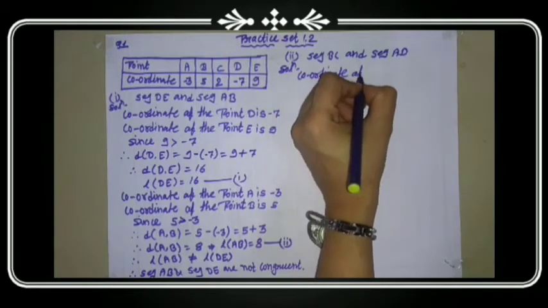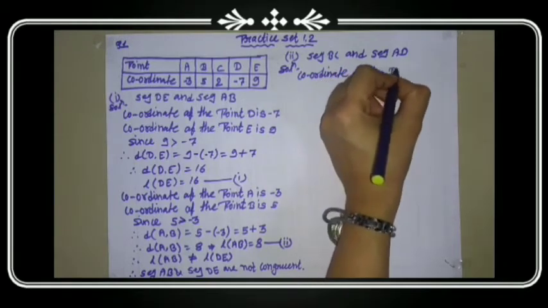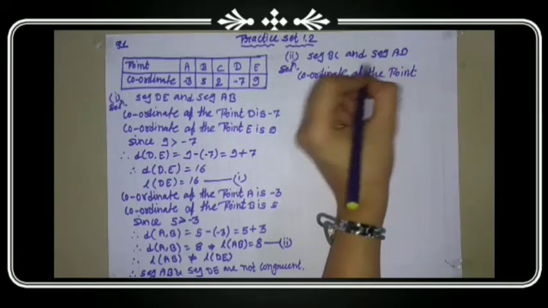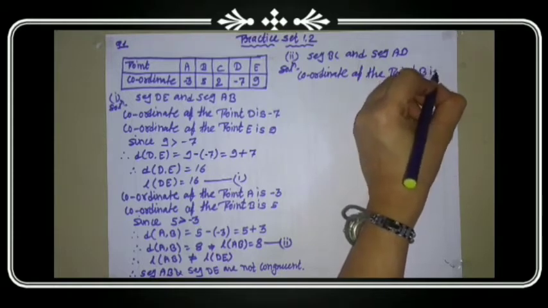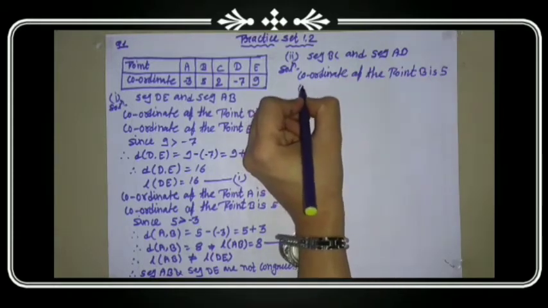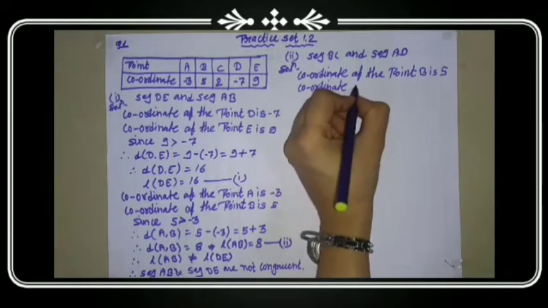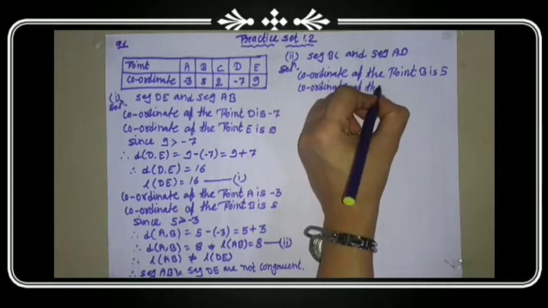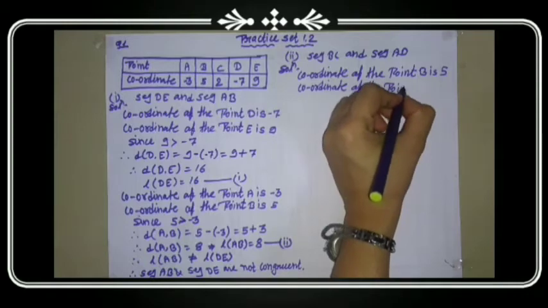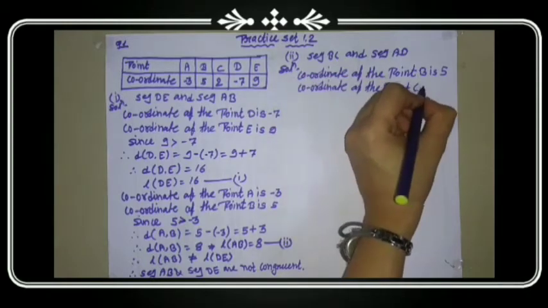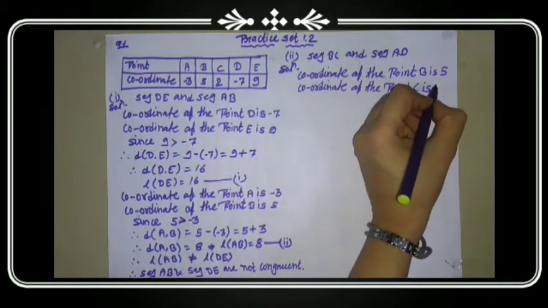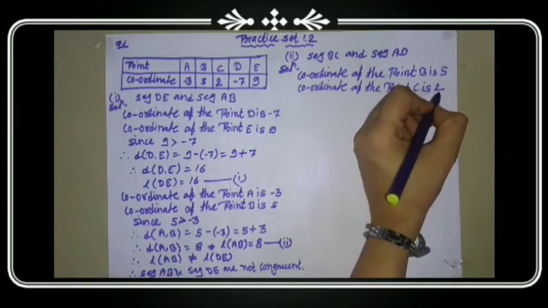Coordinate of the point B is 5 and coordinate of the point C is 2. 5 is greater than 2.